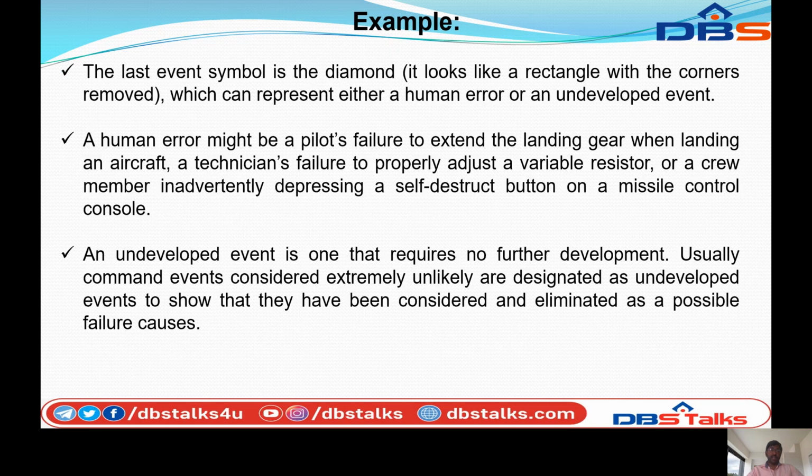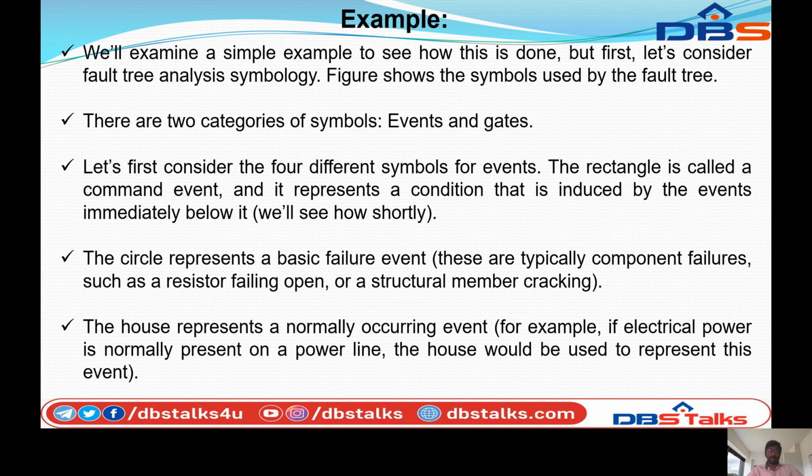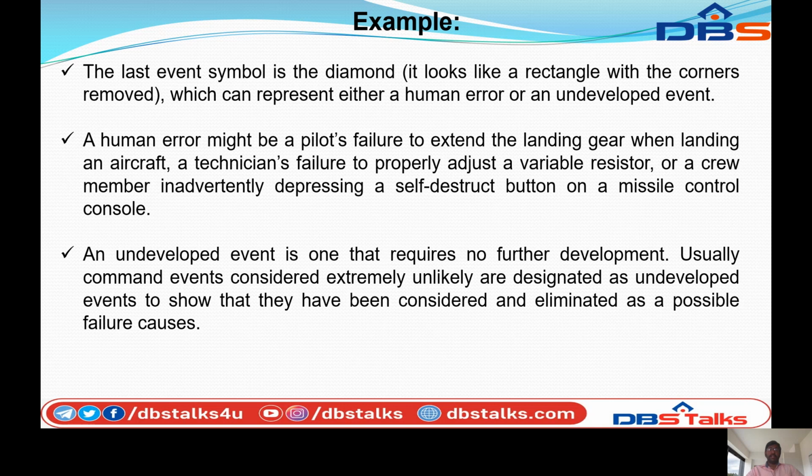The last event symbol is the diamond. It looks like a rectangle with the corners removed, and it can represent either a human error or an undeveloped event.